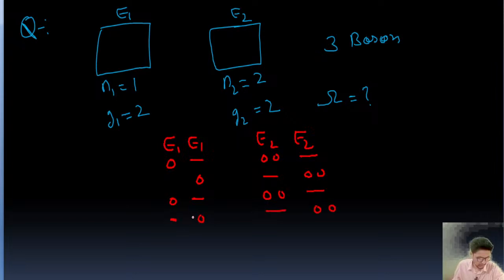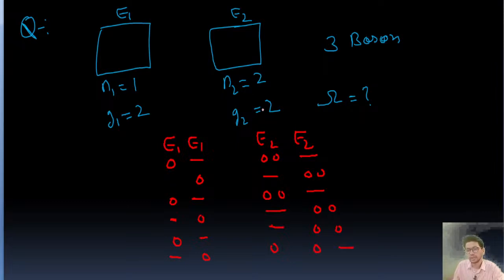And the fifth one is here. This is blank. One is here, one is here. The sixth one is this one: one is here, one is here, one is here, and one is here.